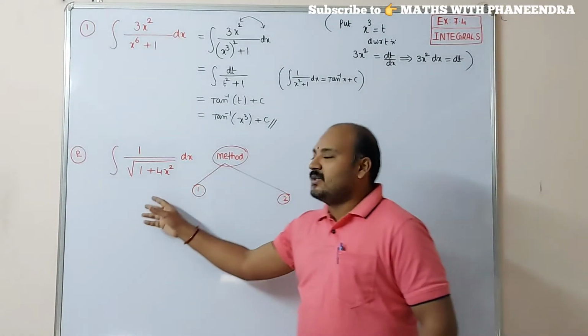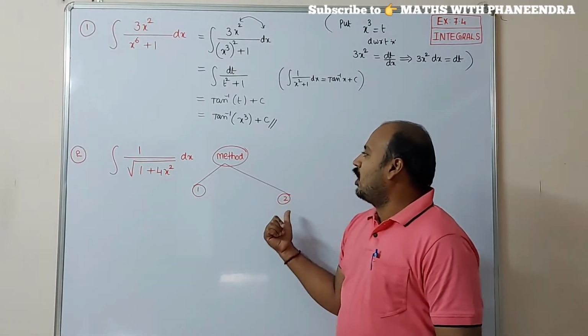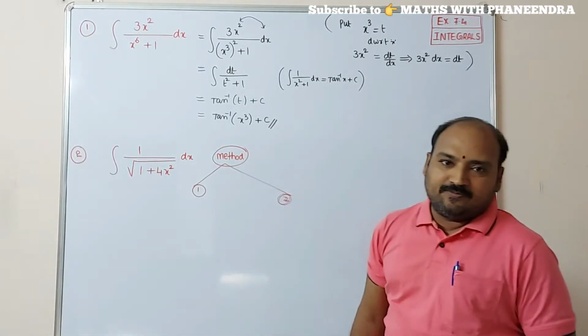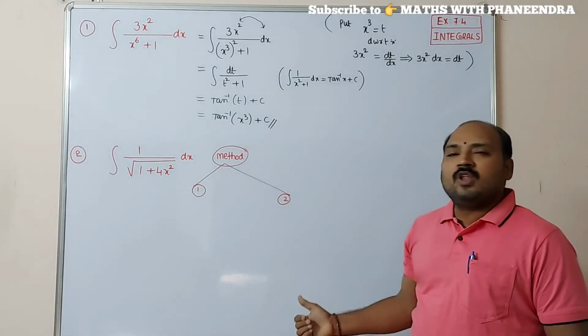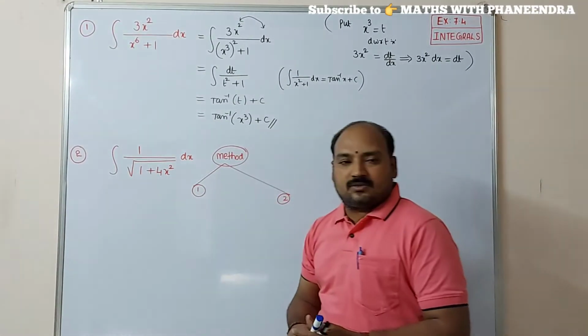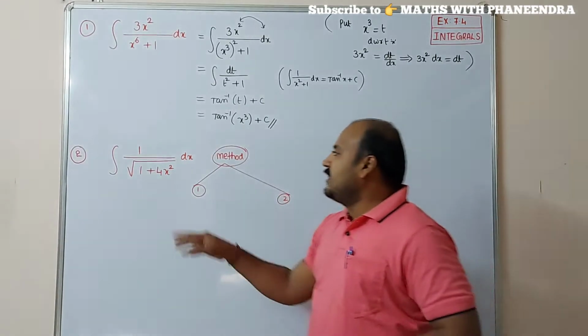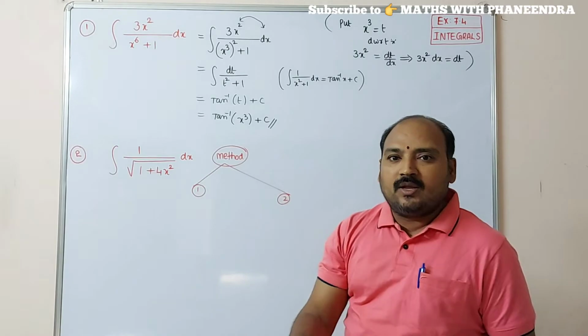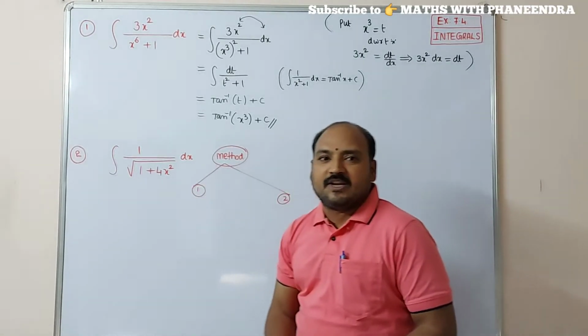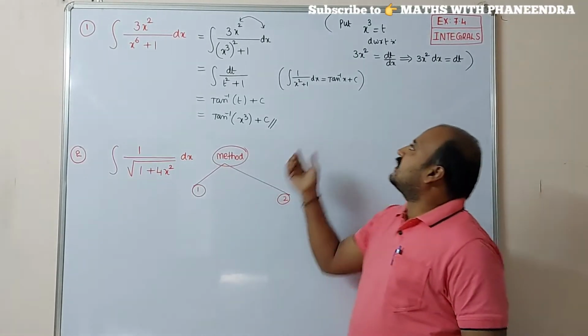In this question, we can solve in two ways. One method is making the coefficient of x square as 1 and applying the formula directly. Another one is the assumption method.